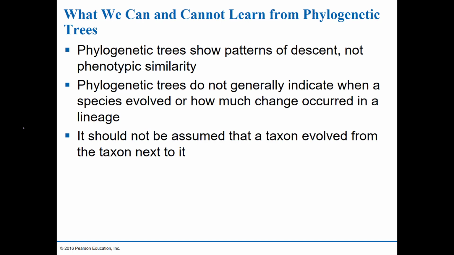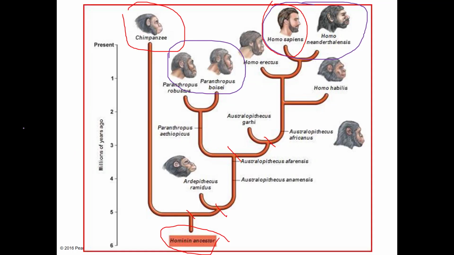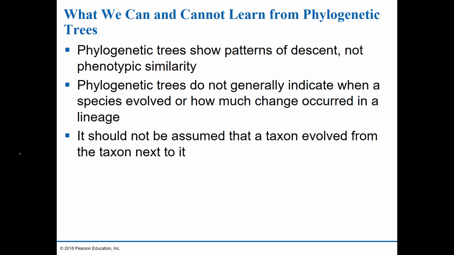They don't generally indicate when a species evolved or how much change occurred in the lineage. If we look at this tree, there's probably a lot of pieces that are missing from it. This might be very, very simplified. In this tree, they've given us a timeline here, but that is not what it always tells us. And it should not be assumed that a taxon evolved from the taxon right next to it.